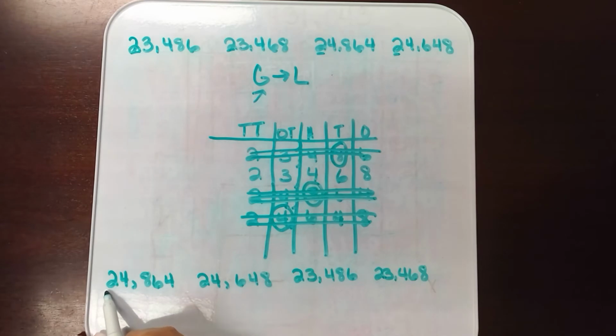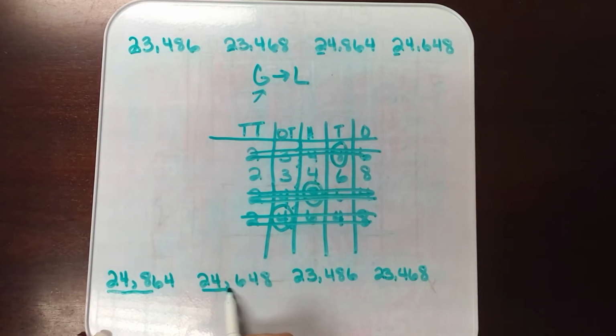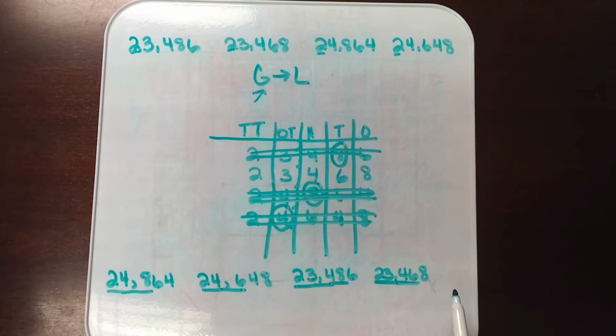So we say 24,864, 24,648. 24,648 is greater than 23,468. 23,468 is greater than 23,464. Yes. So I did the correct order of greatest to least.